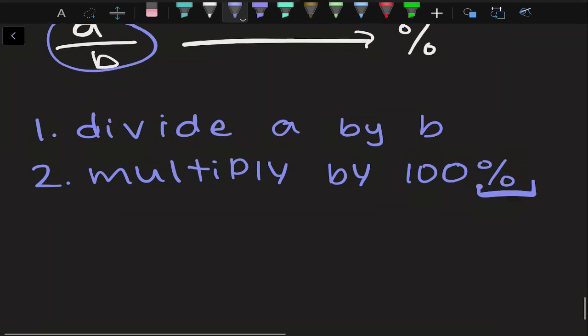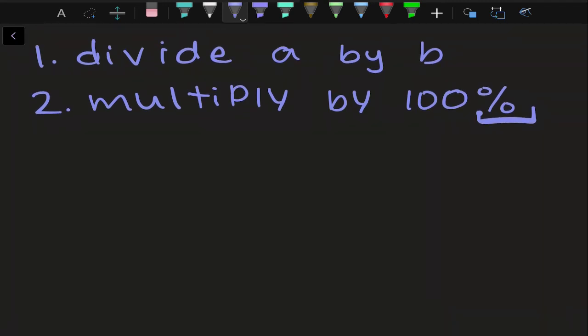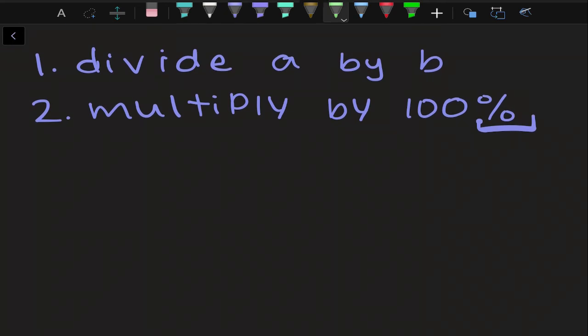We could also, so that's part, we'll call this maybe A. The other choice to do this is to take A over B and immediately multiply it by 100%. Or just 100 in this case.